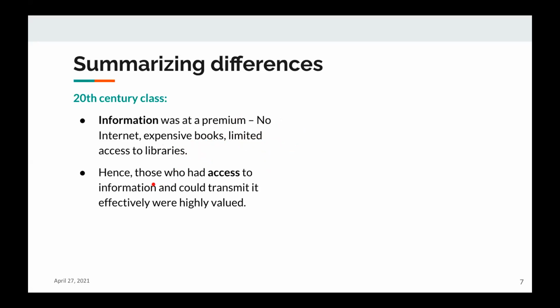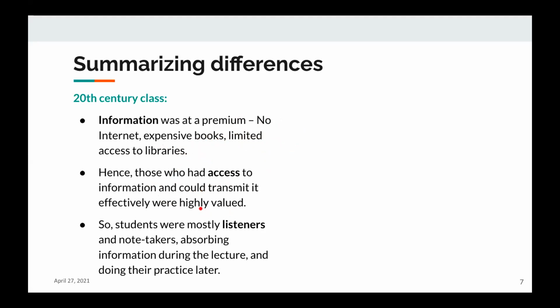So those who had access to information, correct, and they could transmit it effectively were highly valued, correct. Then that's why the students were mostly listeners or note takers, or they were mostly absorbing the information, especially during the lectures, and they'd likely do practice later on.